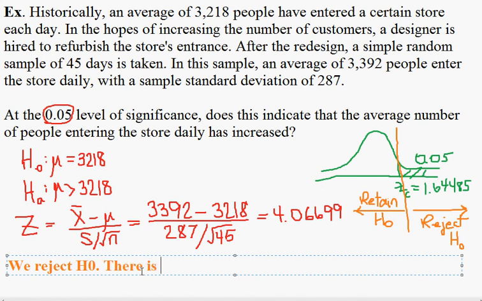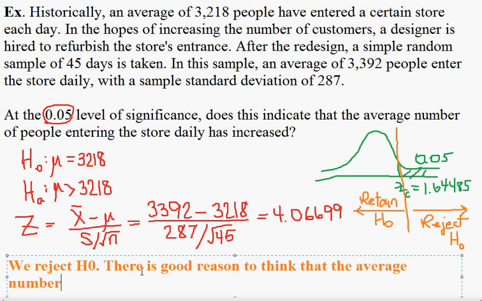There is good reason to think that the average number of customers is larger because of the redesign. So based on the size of the test statistic, we make this decision.